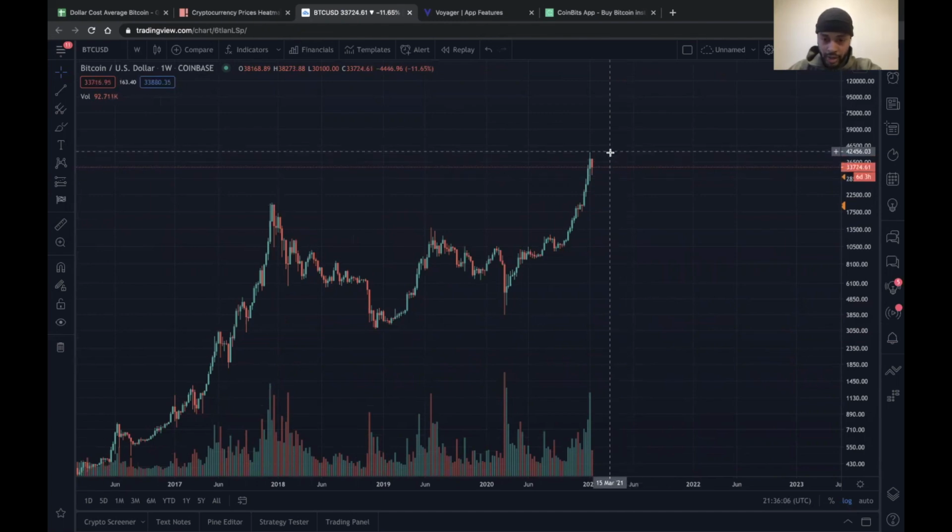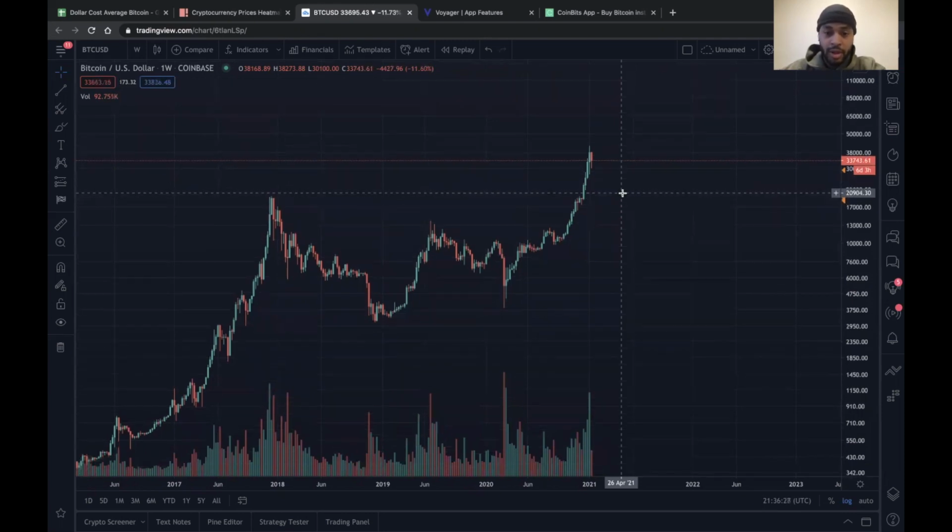You came off the highs, but even if this week does close red, it's the first red week in a month, so it's not that big of a deal. Even if it came all the way down back to 20,000, it wouldn't be the best, but it would just be a weekly retest. That doesn't necessarily mean things are even in danger. I don't think that that's likely, but it's possible.